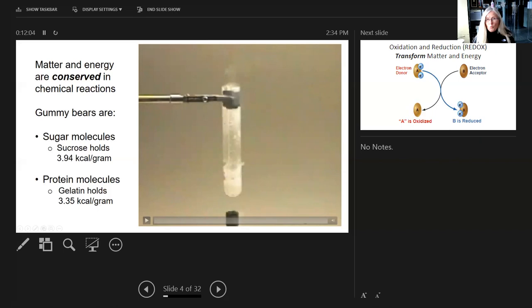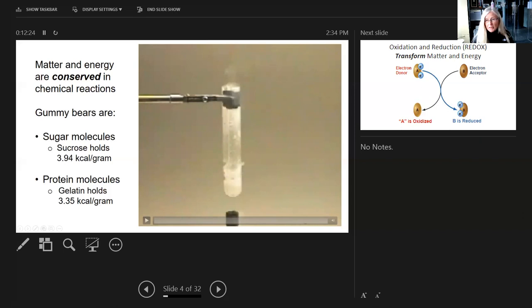So then what about the energy? As you were watching this, you probably noted that there were flames spewing out of the top. If we had sound associated with it, you would hear all this crackling and popping noises. And there were flashes of light and there's heat.